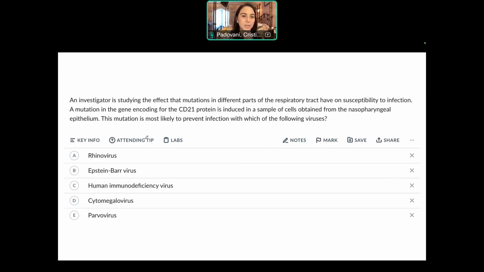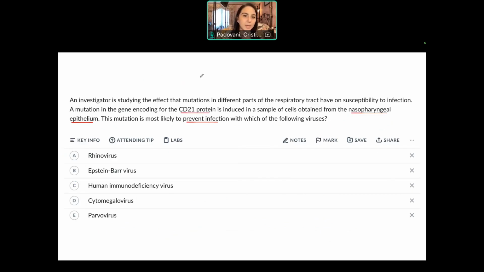Okay, so this mutation is most likely to prevent infection with which of the following viruses? Interesting question already. An investigator is studying the effect that mutations in different parts of the respiratory tract have on susceptibility to infection. A mutation in the gene encoding the CD21 protein is induced in a sample of cells obtained from the nasopharyngeal epithelium.